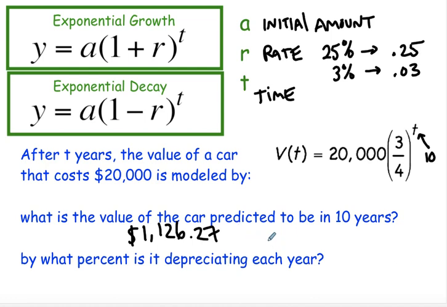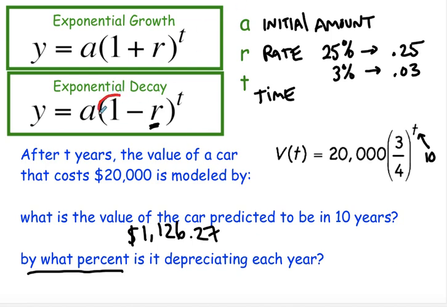Now the next question is asking by what percent is it depreciating each year? And you might be saying, well, it went from $20,000 down to about 1,000 in 10 years. That's got to be depreciating really fast. So that's what we're trying to figure out, by what percent is it depreciating? So we're talking about decay. So this is our formula right here. R is the percent at which it's depreciating. You see how I'll use a different color.